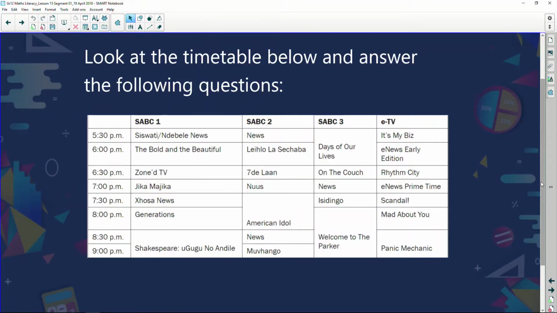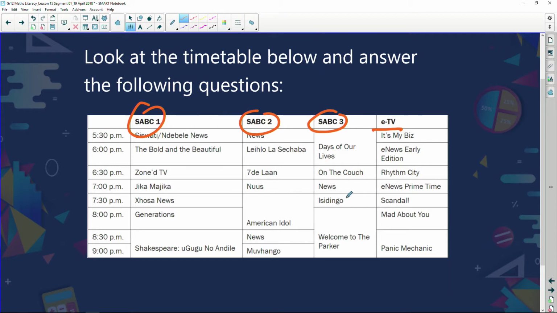So looking at this timetable, I can see quite clearly that this is a TV timetable, and we've got SABC 1, SABC 2, SABC 3, and then of course ETV. We can see that we've got the news, the Bold and the Beautiful, Zone TV, and later on we've got Cause and News on SABC 2.